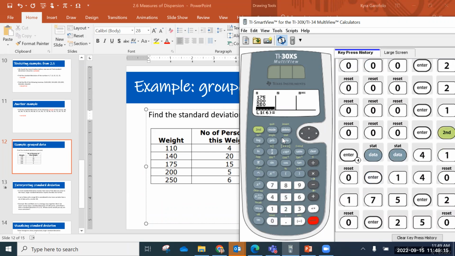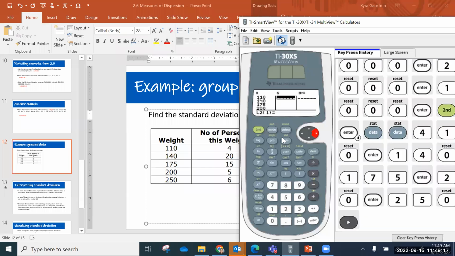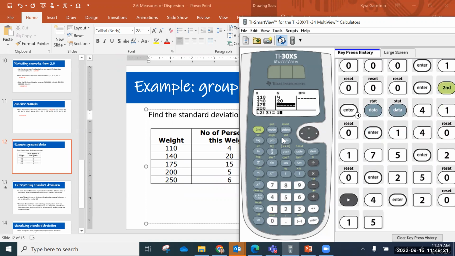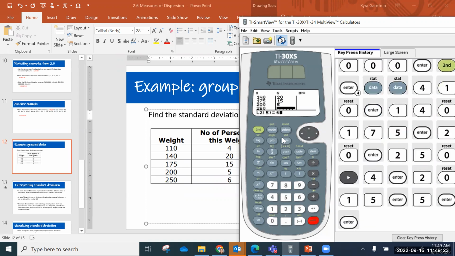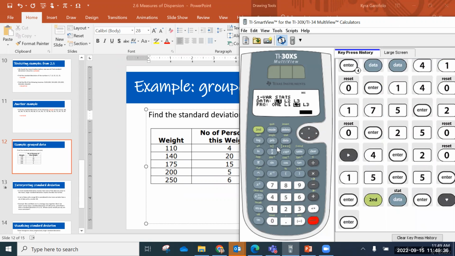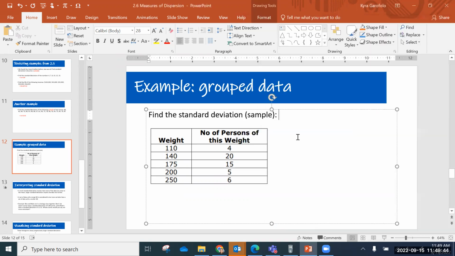But we also need to put our frequencies in here. So 4, 20, 15, 5, and 6. We're going to go back to one variable stats, but now we have a frequency distribution. So our data is definitely in L1, but now our frequency was in that second column, L2. So we're going to make sure that highlights and press enter. And we're going to see that our standard deviation is about 39.2.